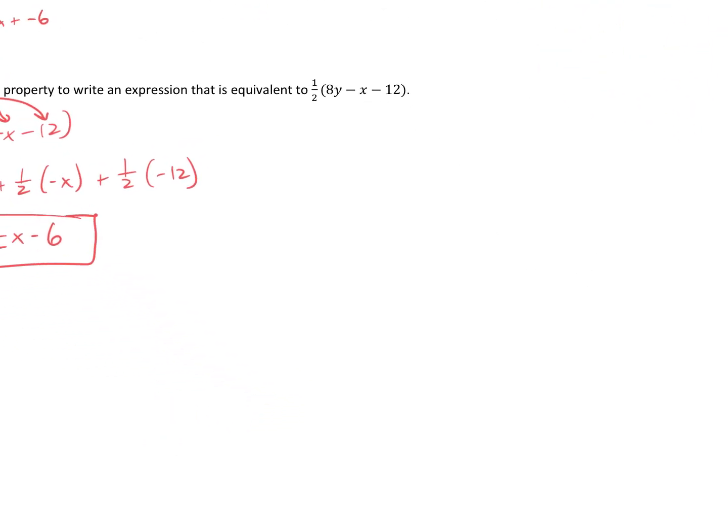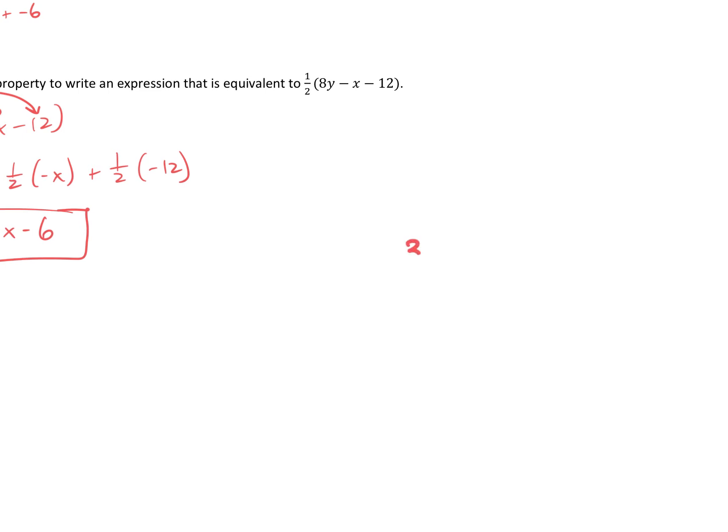So that's it for today's lesson. Remember, you cannot use the commutative property when it's straight up subtraction. So 2 minus 3x and 3x minus 2 are not equivalent to each other because you can't just switch them. You would have to first rewrite them as addition, and then you can switch it to negative 3x plus 2.